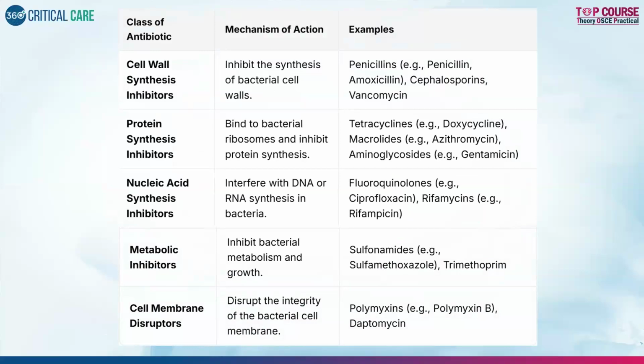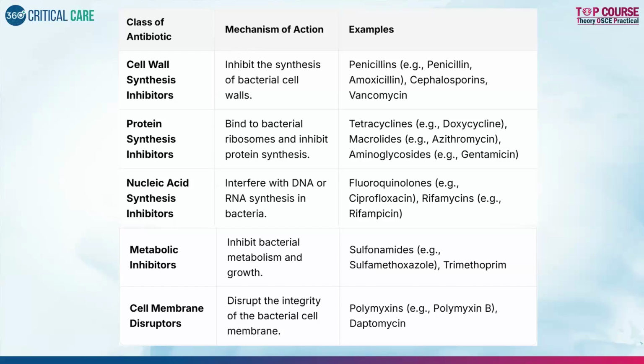If you have to give me examples for each of them, it's mentioned here already about the class of antibiotic. If you want to give me an example for cidal versus static, can you give me two examples? Give me an example for a cidal drug. Carbapenems and cephalosporins are cidal drugs, whereas tetracyclines are static drugs.